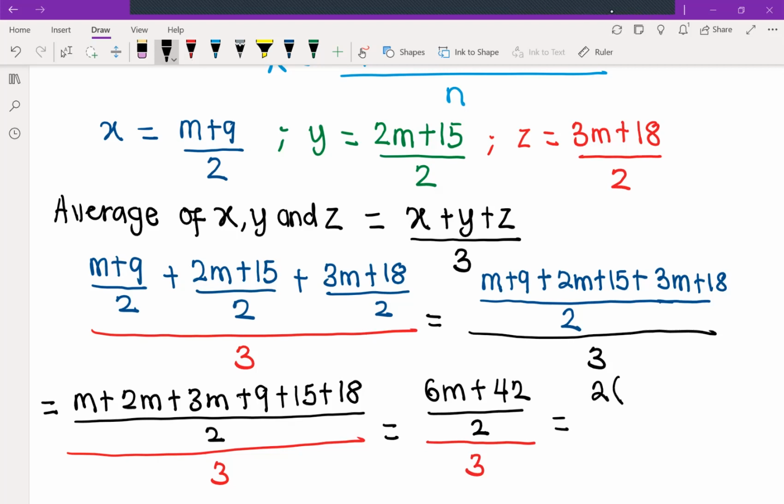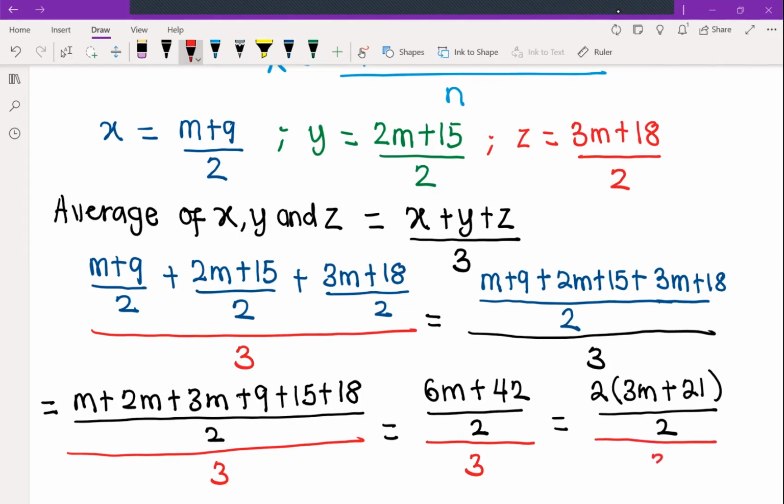I have 2 open bracket 3m plus 21, everything divided by 2, everything again divided by 3. These 2 here will cancel these 2 here.